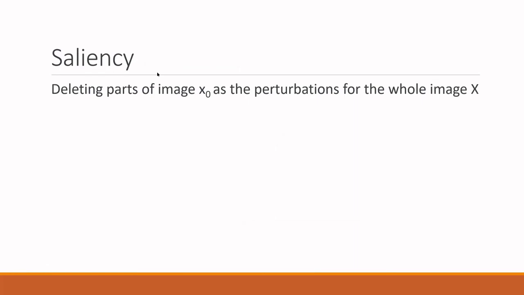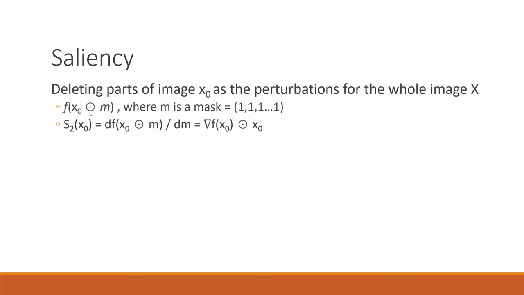For saliency, the interesting point is to find the area that affects the output of the black box function f. Therefore, consider deleting parts of image x0 by adding perturbation to the whole image x. We can use x0 dot product mask m, which is equivalent to this dot product function in the form of Taylor expansion.